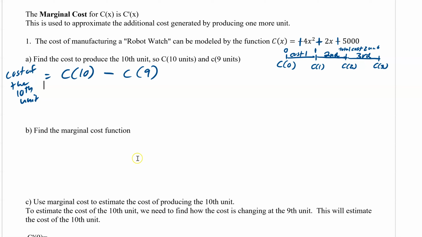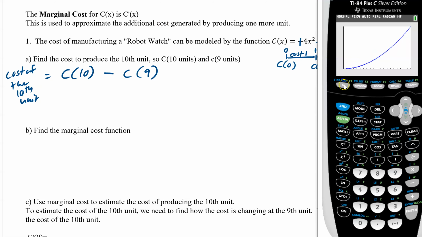Okay, so the way you want to do this very quickly is you take your calculator, you plug the function in, you go to Window, and you plug in 0 and then something that would include these numbers, like 0 and 20. If you hit Zoom Fit, it will then graph it between that 0 and 20 in a nice clean little window.